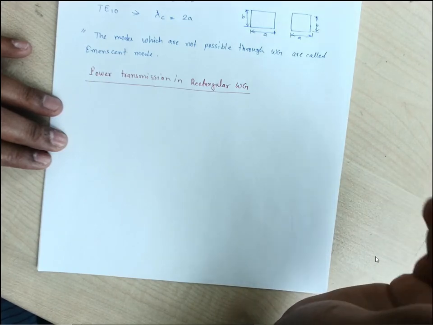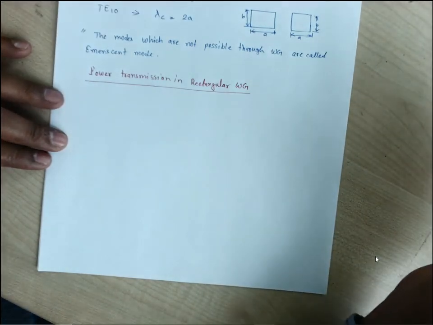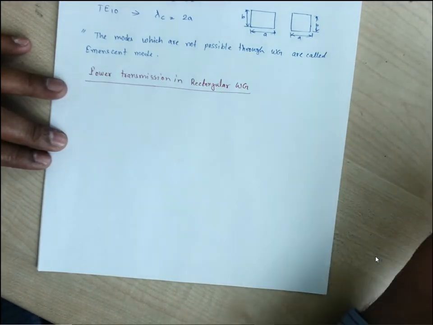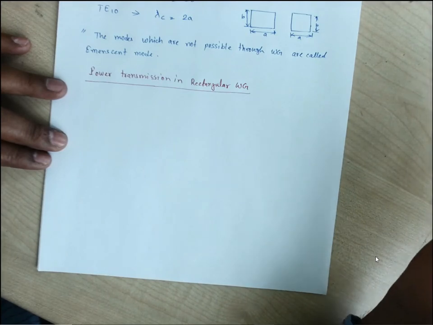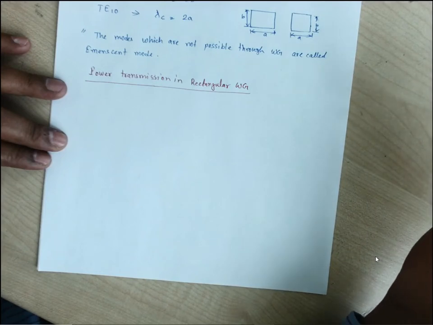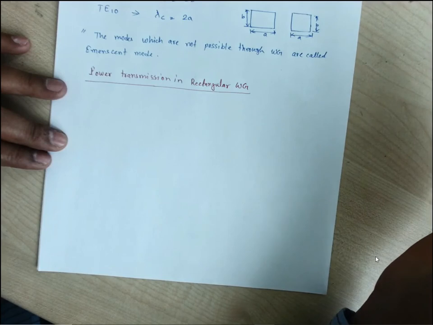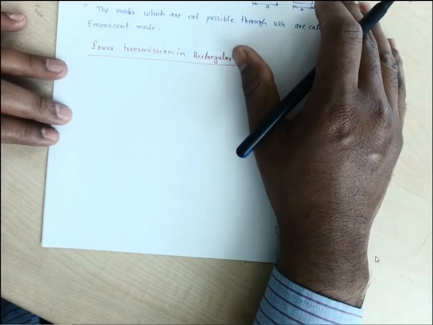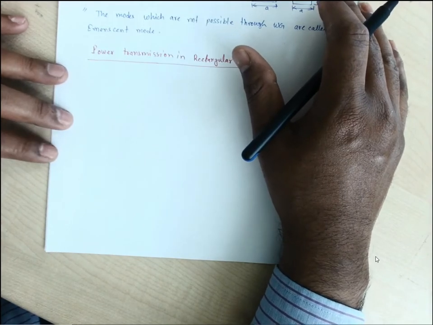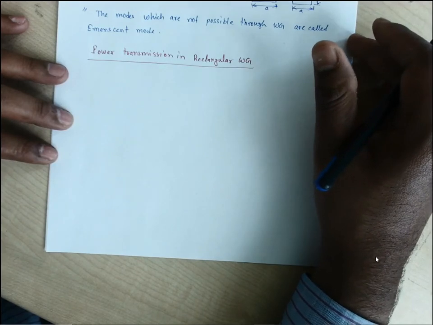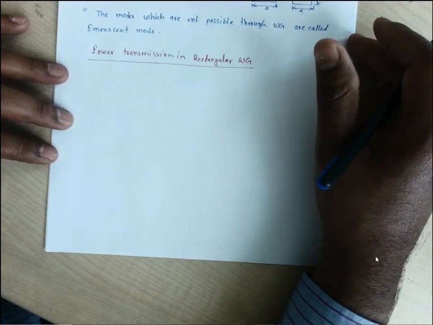If we remove the cause for reflection, that is, the waveguide is quite longer compared to the wavelength, then the power is transmitted through the waveguide. According to the Poynting theorem we can find the transmitted power through the waveguide.